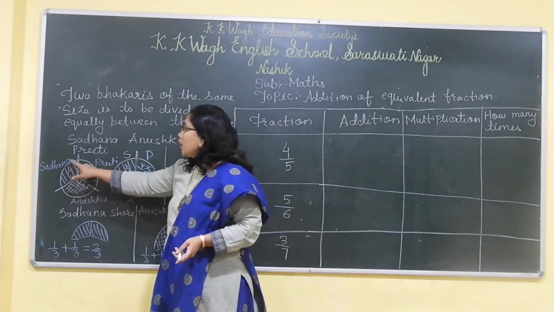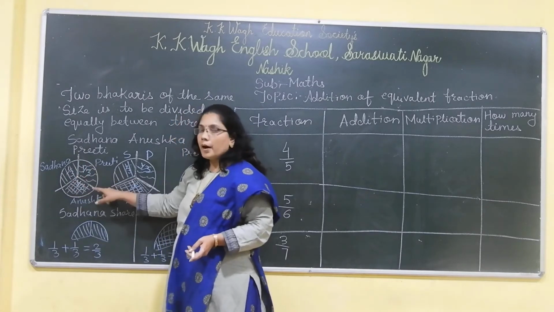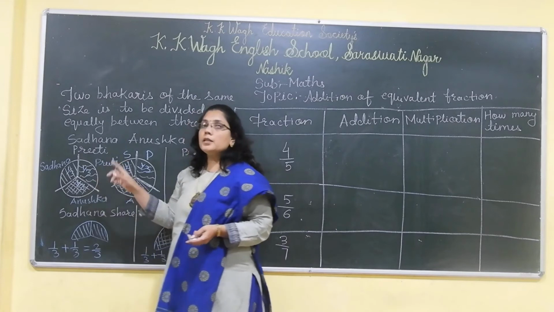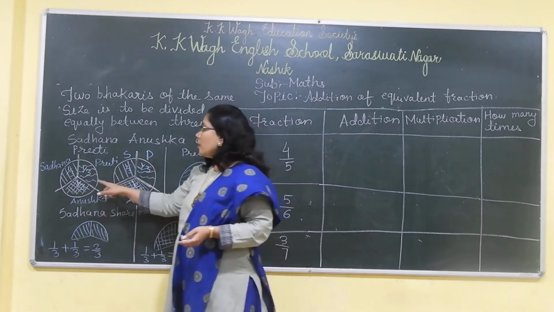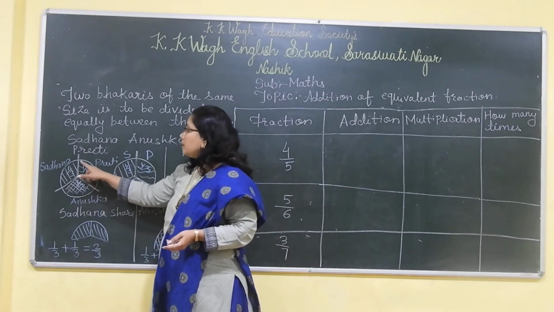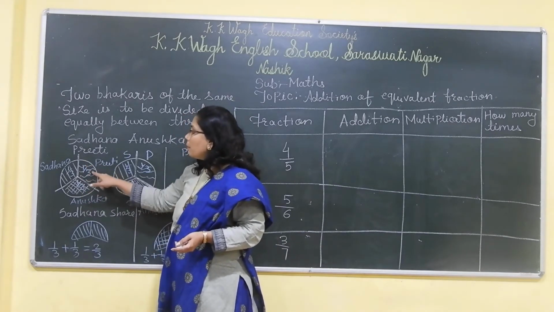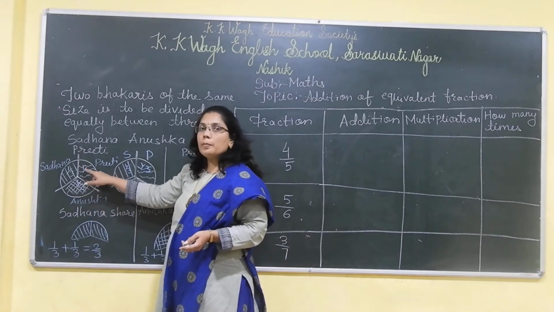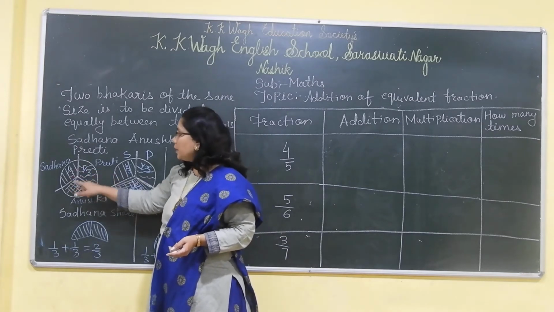In the whole bhakri there are 3 parts, and as I have already told you, in the denominator, the number below the line, we write the total number of parts. This is 1 part of 3 parts. Okay? So we will write it as 1 by 3 or 1 upon 3.